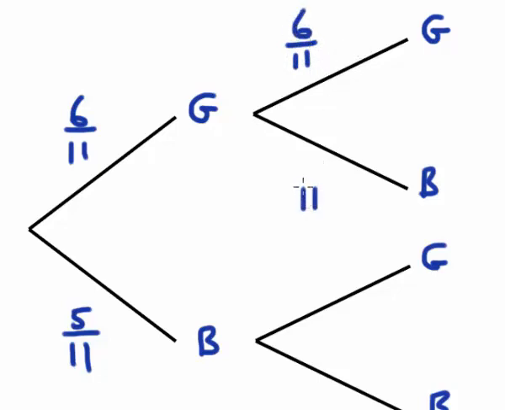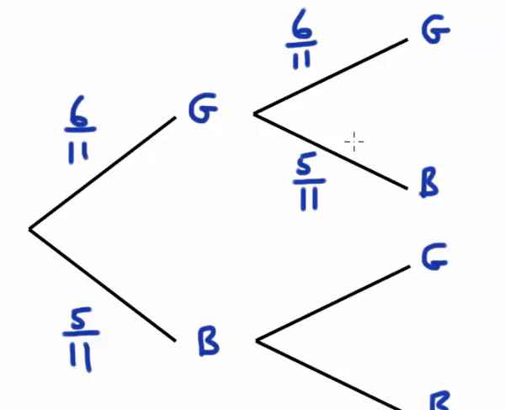For the blues, it would still be 5 out of 11. So if he picked a green the first time round, the probability of him then picking a blue would be 5 out of 11. Can you see that there? The green would be 6 out of 11. Now notice the second event is independent of the first event because it doesn't matter what happened in the first event. There wasn't anything that happened to the sample space.